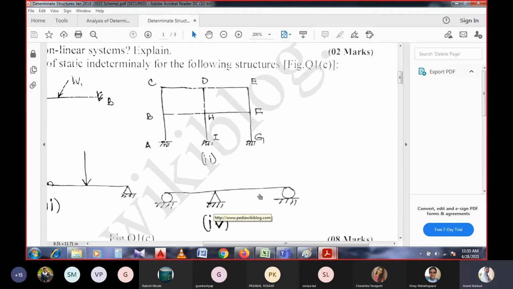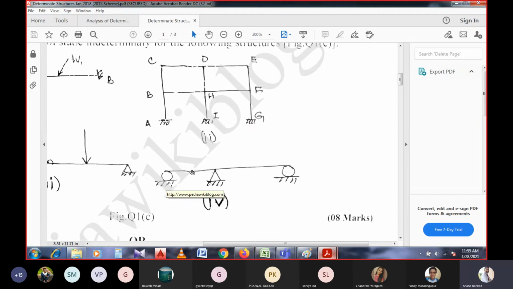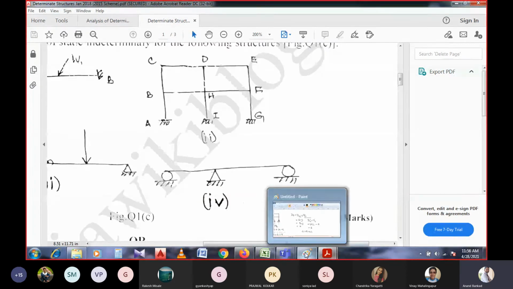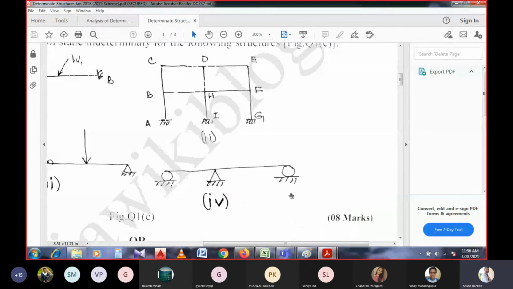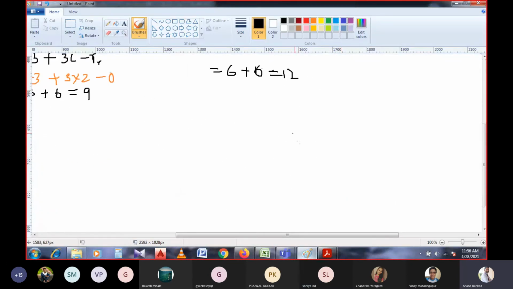Now consider this one. Can anyone tell me how many reactions are there in this structure? Four. 4 numbers. Very good. Here we have 1. Here we have 1. That is 2. 2 plus 2 will be 4 reactions. Correct? So we will write here that the diagram is like this.